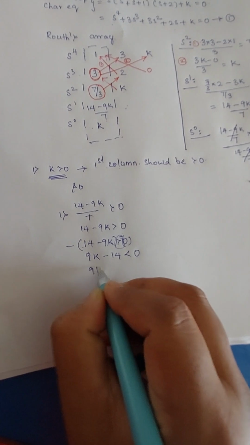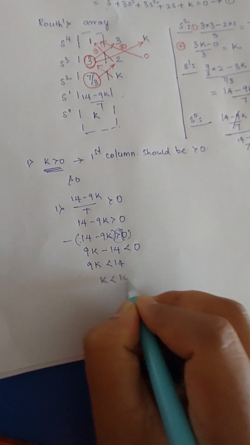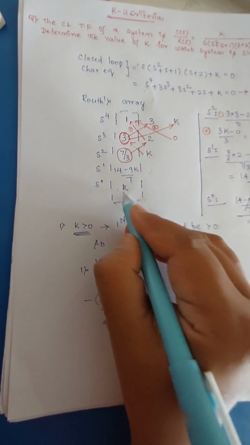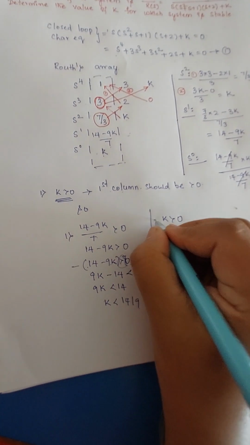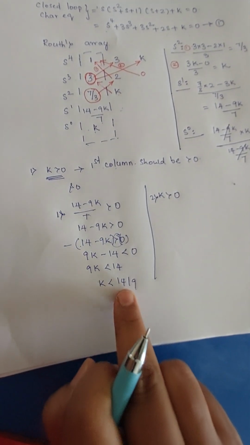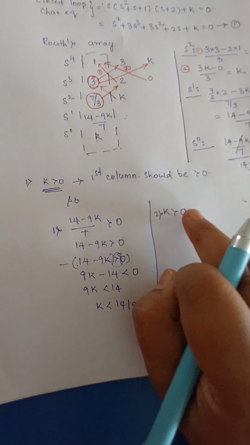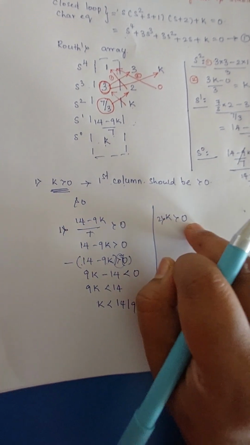So now we can make it 9k less than 14, so k should be less than 14 by 9. And the other condition is k greater than 0. So this was the second case and this was the first case. If your k value is less than 14 by 9 and greater than 0, then the system is stable.